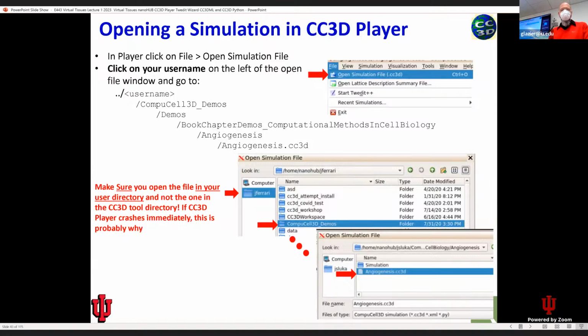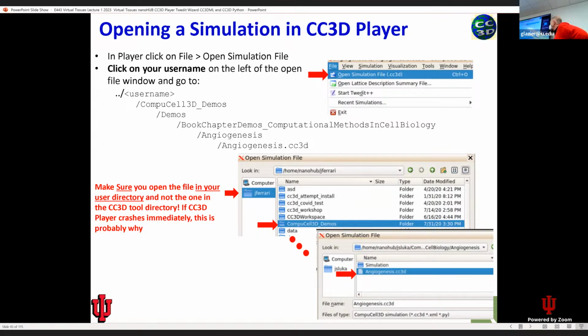Everybody have CompuCell running? You can play around with the bounding boxes. Okay, so next we're going to open a simulation file. If you go to the top left-hand corner of CompuCell Player, you'll see a pull-down menu called File. Pull it down. The first line will say Open Simulation File. If you are on your local machine, you will navigate to the CompuCell directory and find the CompuCell3D demo folder.